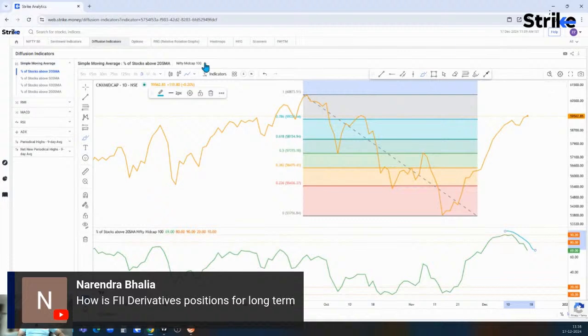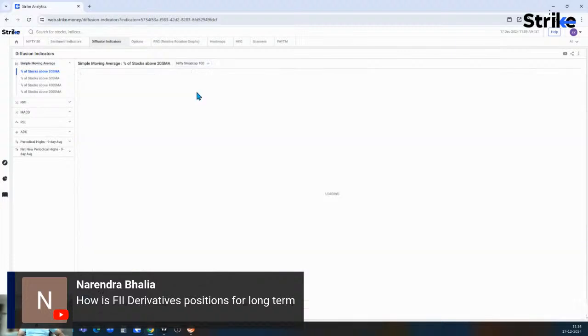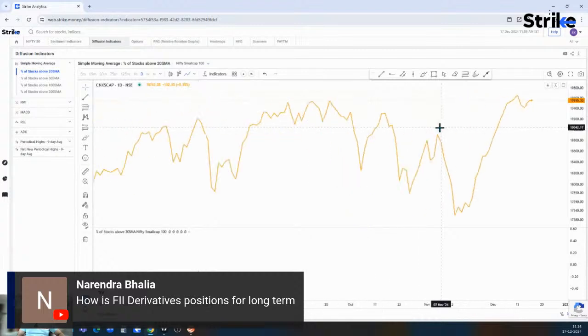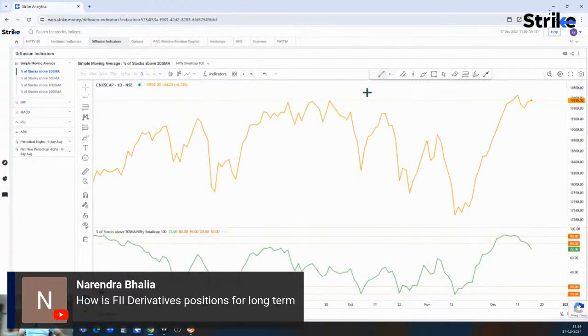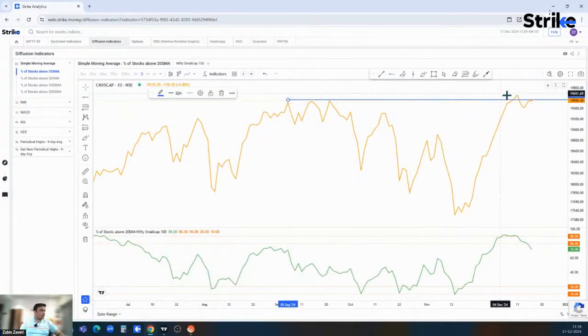And what about the small cap? We can see the small cap index had broken above their high for a day, and then again came back. So there is a good resistance. The small cap index is at its resistance area, and the indicator is also going down, indicating some profit booking in the small cap index.